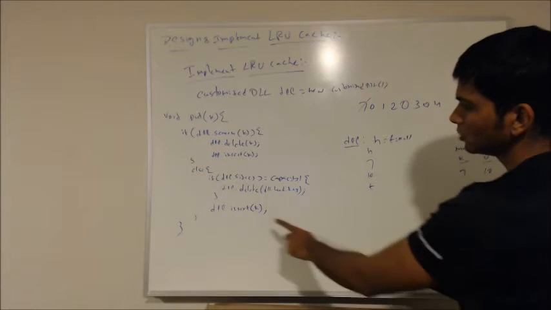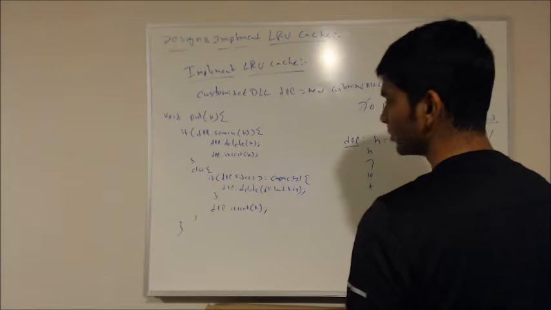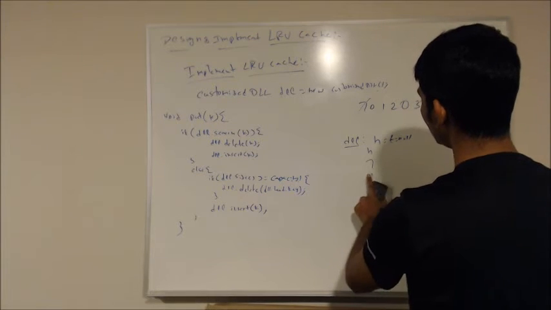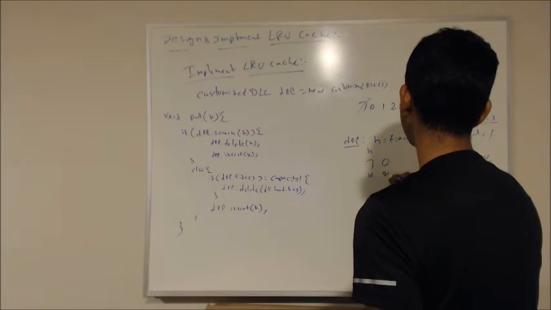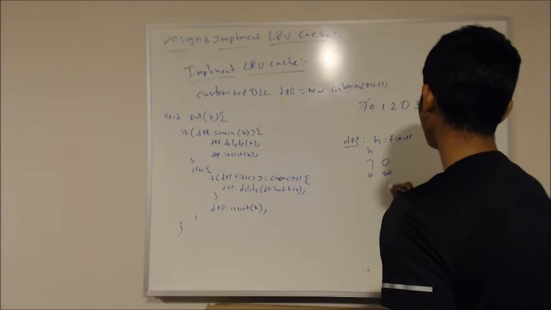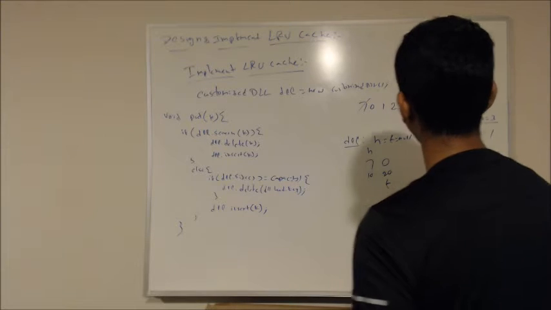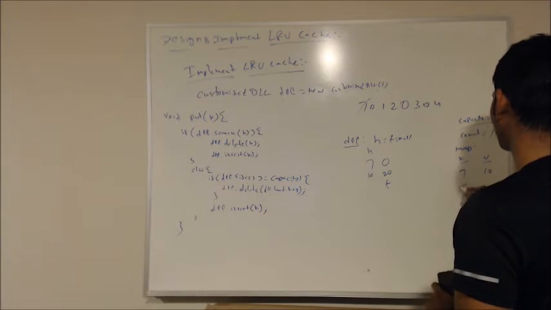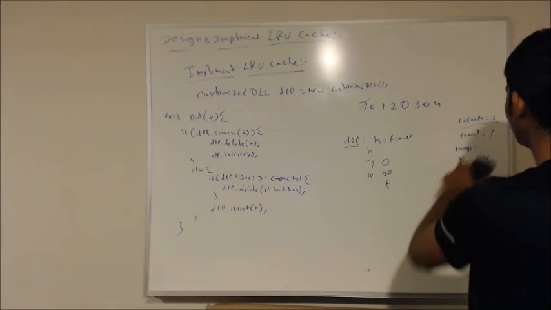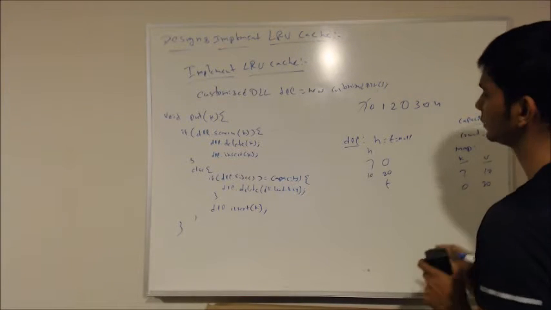So we just have to go ahead and insert. Because this is a tail insertion, we insert the new element 0 here. Let's say its address is 20, and we update our tail. Then we insert in the map 0 and address 20, and we increment the count to 2.